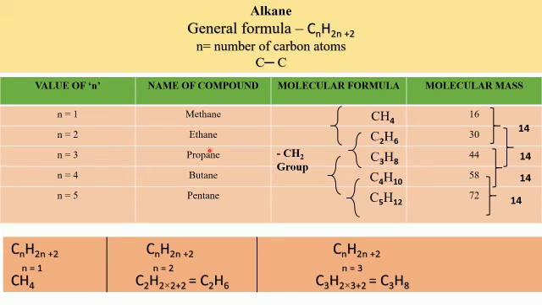Since all are ending in A-N-E, it indicates that they are all saturated with single bond. So these two things you have to remember. One is the root word, which tells you about the nature and number of carbon atoms. And second is the suffix, which tells you about the types of bonds. So this is what we have learned in the alkane series.